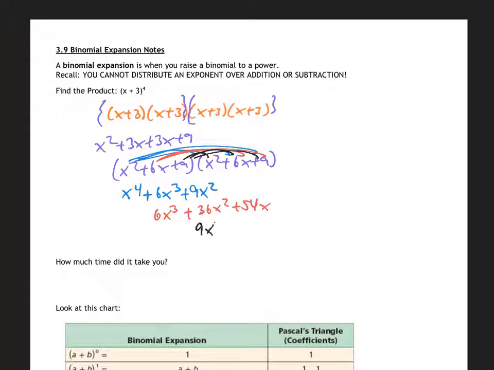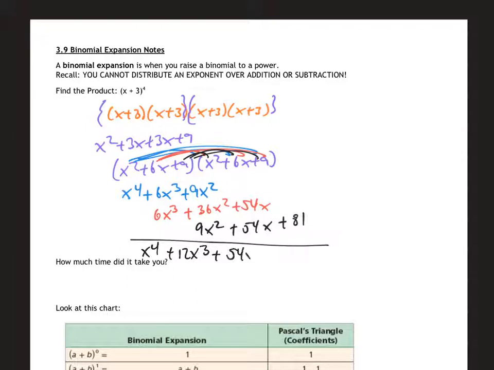So that'd be a 9x squared plus 9 times 6 is 54x again plus 81. And then let's add these together. So x to the 4th plus 12x cubed plus 36, 45, 54x squared, 108 x's, and 81.